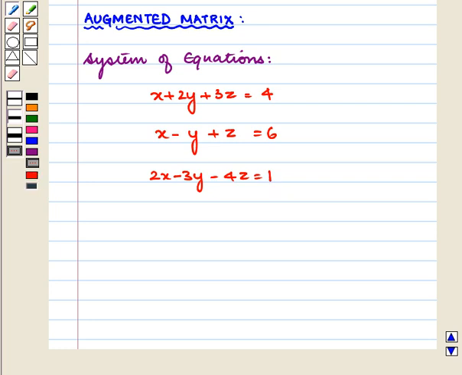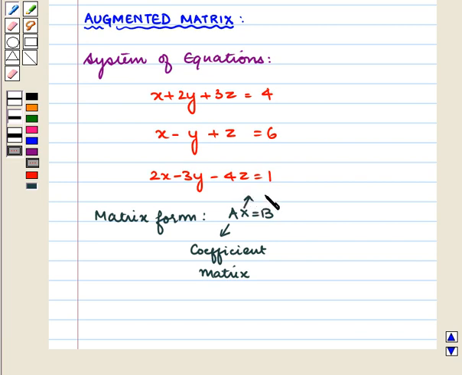We can write the system in matrix form AX equal to B, where A is the coefficient matrix, X is the variable matrix, and B is the constant matrix.